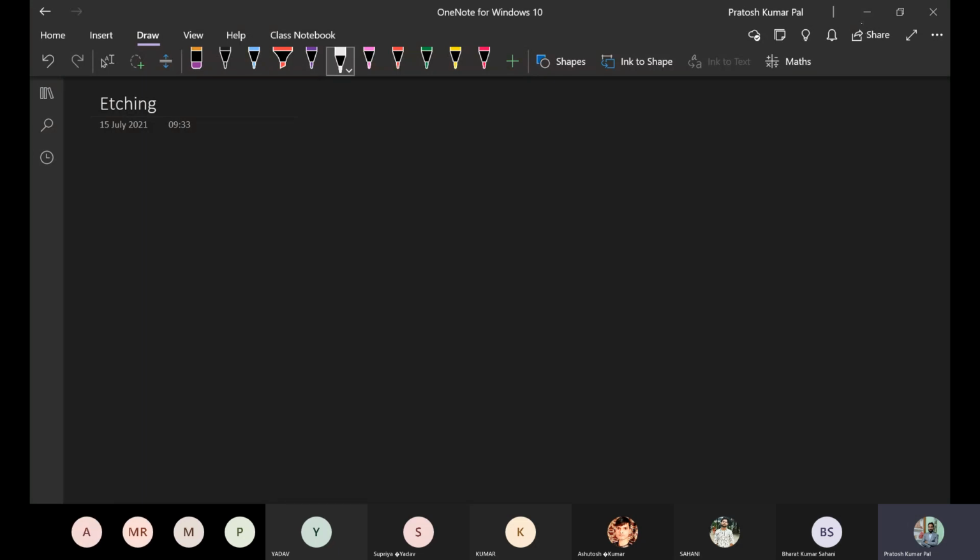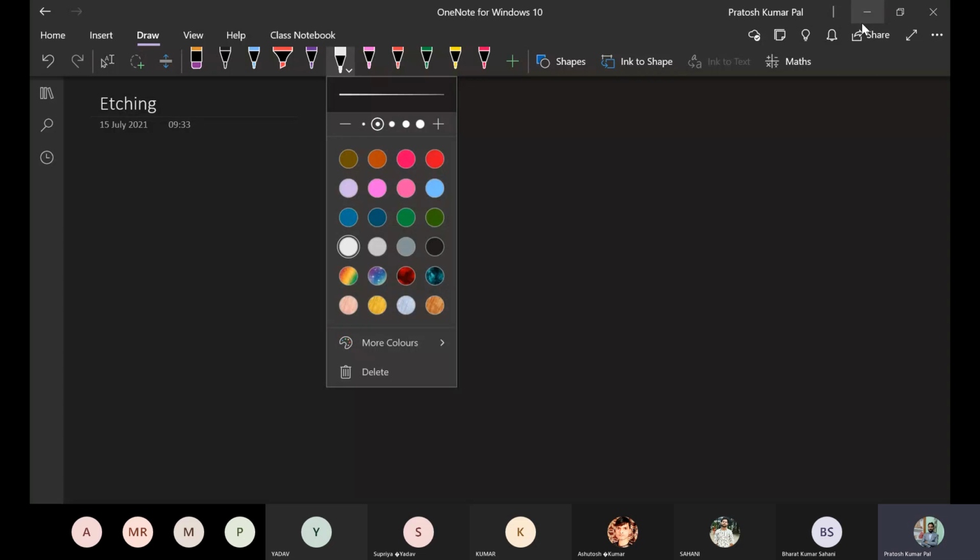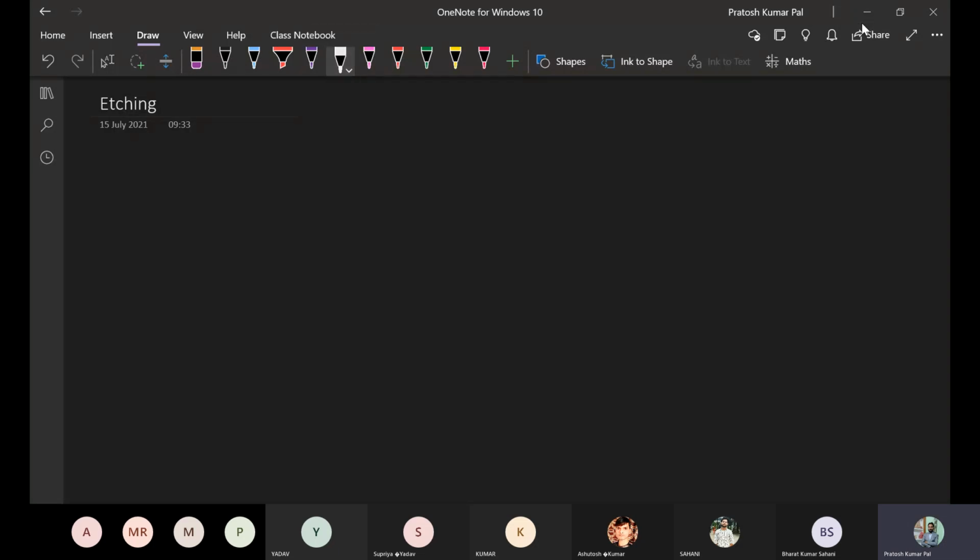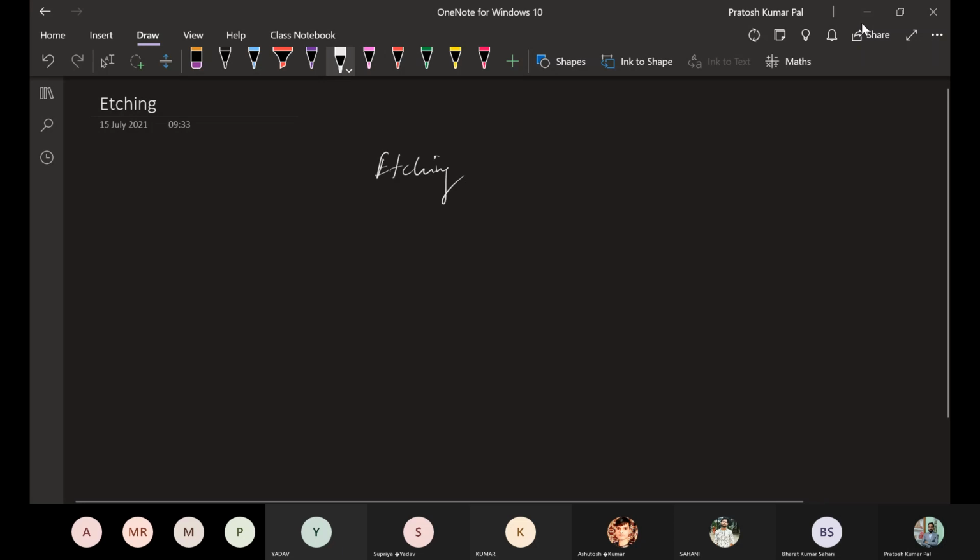So we will see here different types of etching. In the introduction part in the previous classes we have already seen there are basically two types of etching. One is wet etching, another one is dry etching.